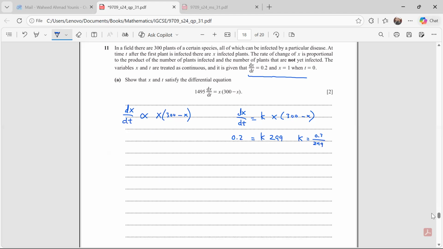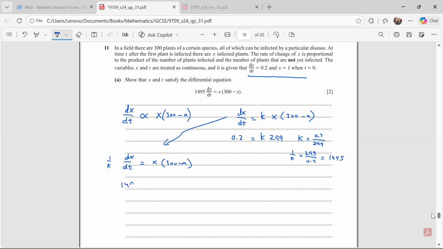So dx by dt is equal to k times x into 300 minus x, and if I bring k on this side, it becomes 1 over k, right? And 1 over k is 299 over 0.2, and 299 divided by 0.2 is 1495.